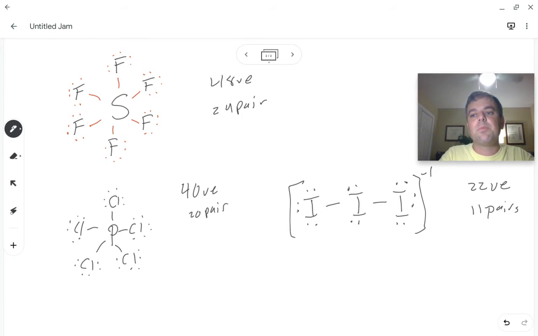We've got an extra pair. And what we do with an extra pair is we just stick the extra pair on the atom in the middle. So this iodine has 3 lone pairs of electrons around it. And once again, whenever you draw Lewis structures, save the element in the middle for last when you're putting the electrons on it. And then if you have extra electrons, just dump them on the one in the middle.